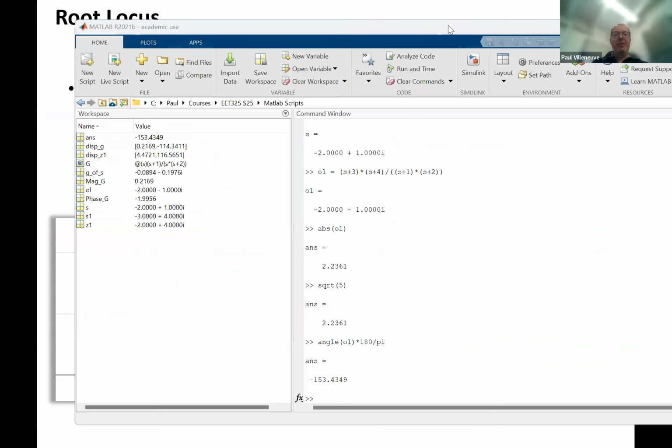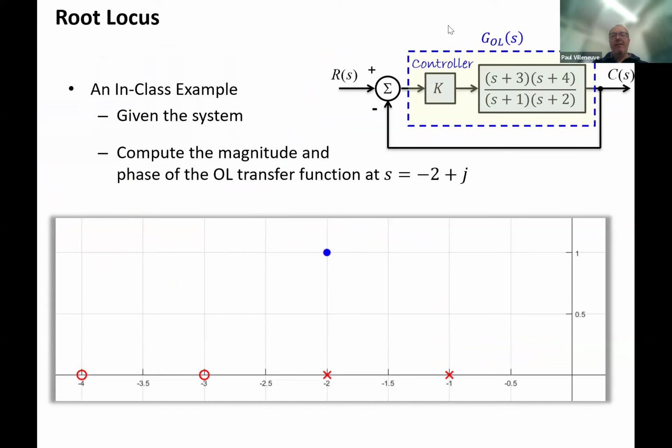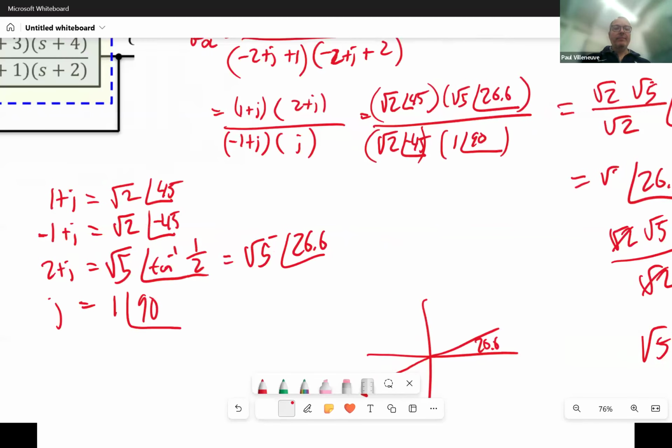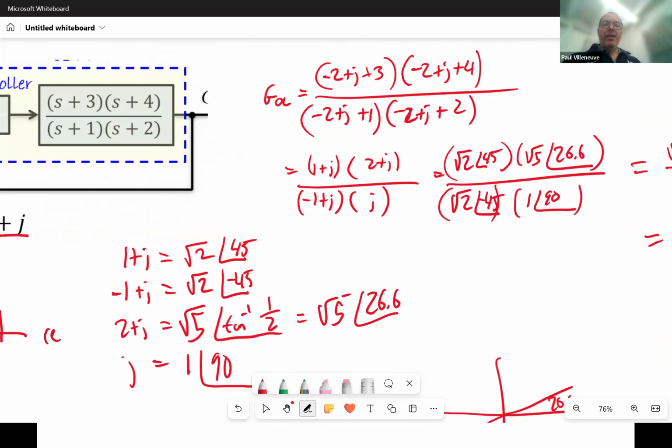I get the magnitudes, but the angle is off. Let me double check this for a second. I got positive 1 in j, positive 2 in j, negative 1 in j, and those two terms cancel out. Square root of 2 at 45. Square root of 5 at 26.6.